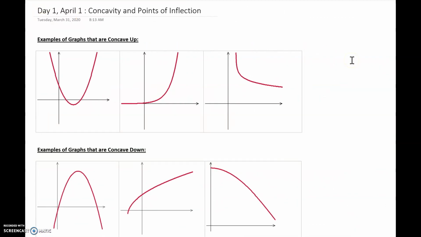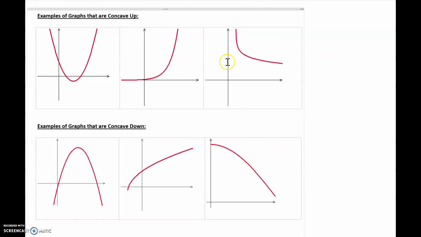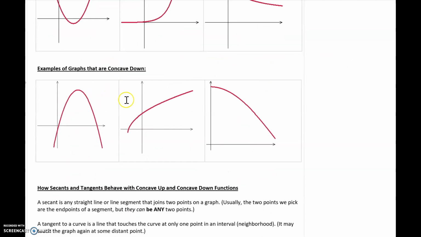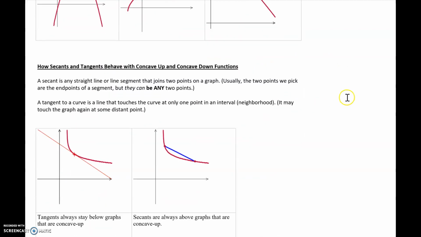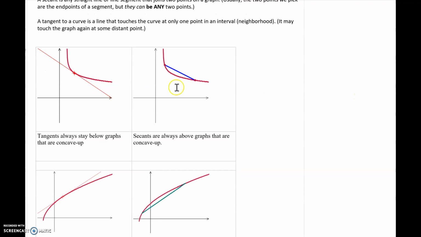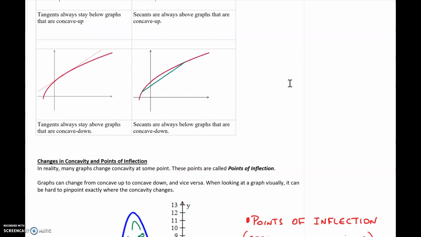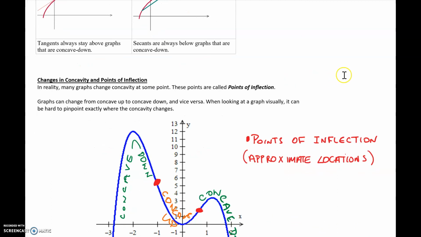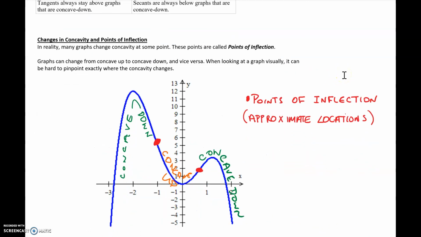Yesterday, the last time we met as a class, we looked at the introduction to this page, where we talked about concavity, graphs that are concave up and graphs that are concave down. We talked a little about the behavior of secants and tangents in relation to graphs that are concave up and down. And we said that many graphs change concavity at some point.